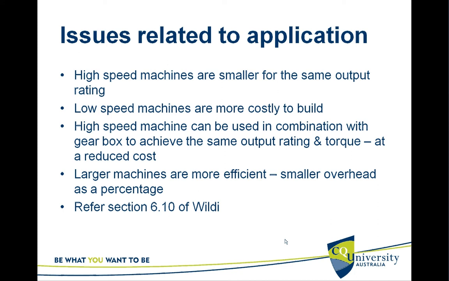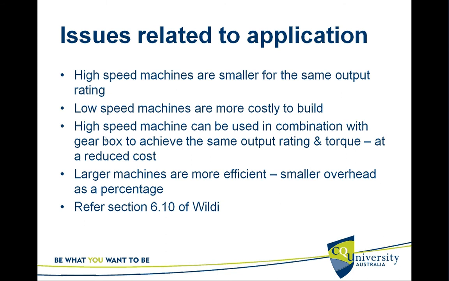And the issues related to applications, like different applications, for instance: high speed machines are smaller for the same output rating. Low speed machines are more costly to build. High speed machines can be used in combination with a gearbox to achieve the same output rating and torque at a reduced cost because of these two reasons. If the machine is operating at higher speeds, then obviously you need lower torque to operate the machine at that speed.